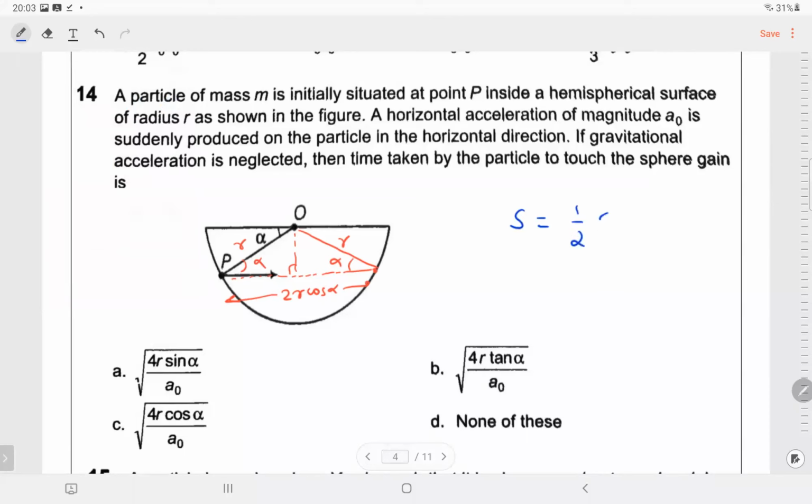S is equal to ut plus half at square. The total displacement it has to cover is 2r cos alpha, acceleration is a naught, and the time taken is t naught. The question is very easy; you just need to analyze the situation to find the displacement in this particular case. So which option? Root of 4r cos alpha by a naught, option C.